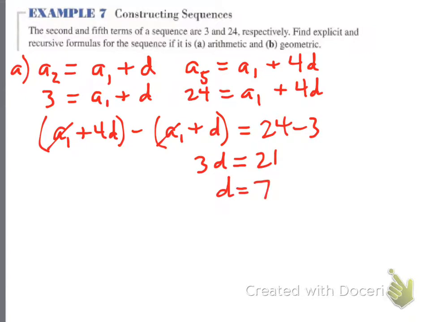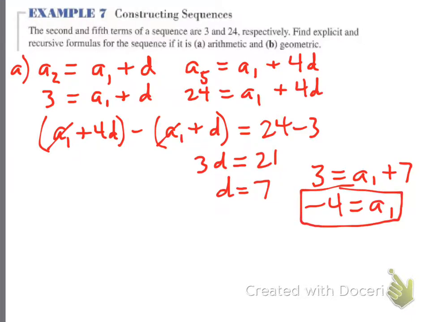Now, what does that mean for the first term? 3, which was the second term, equals the first term plus 7, because that's the common difference. Minus 7 to both sides. The first term is negative 4.